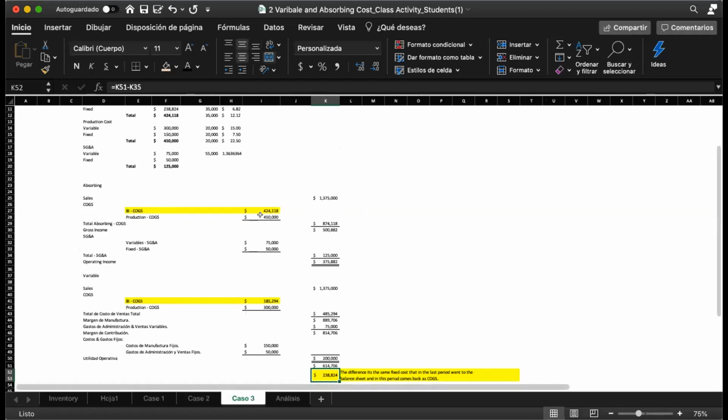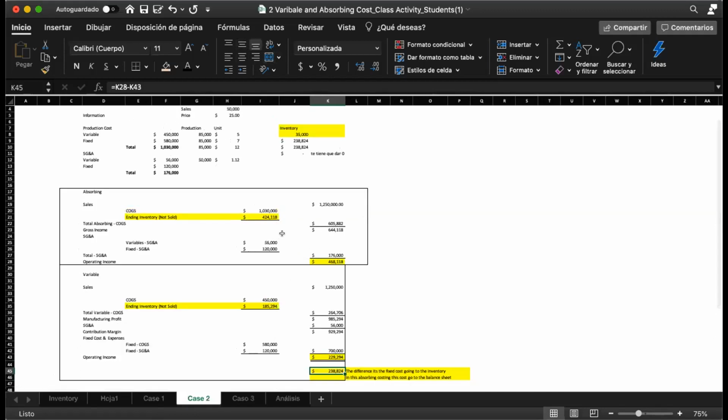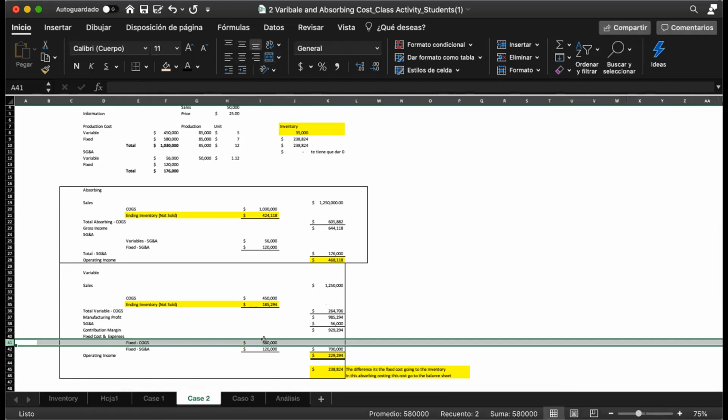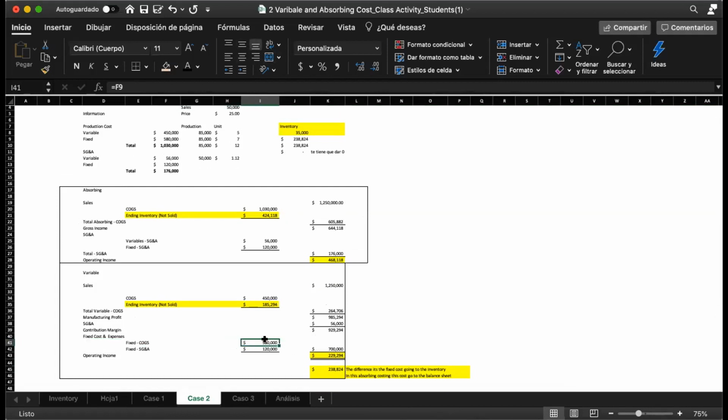Where? Well, in the 580, well, you move to the other one. But in the case 2, it's inside the 580,000. In the cell I-41. Where, teacher? Cell I-41. Yep. So inside there, that 580,000, it's an extra 238,000, which is the fixed cost of that inventory.